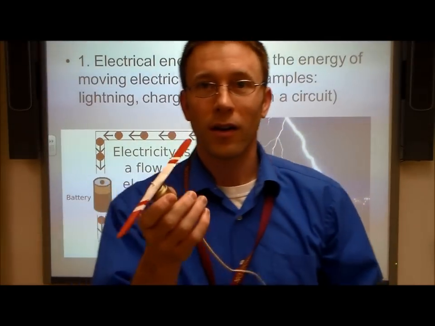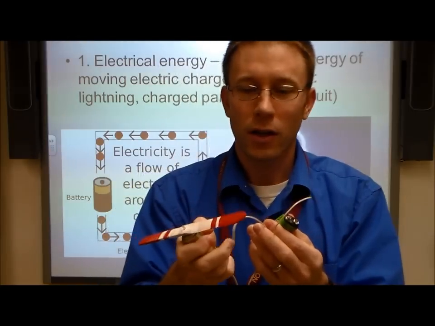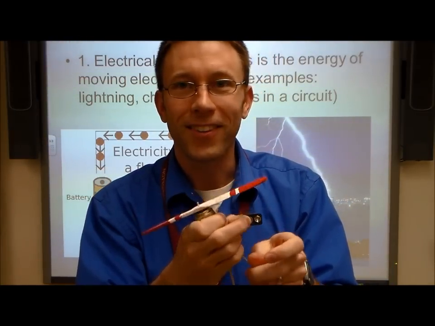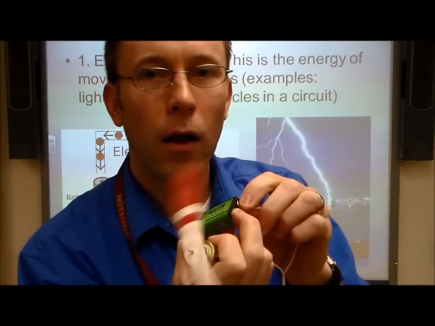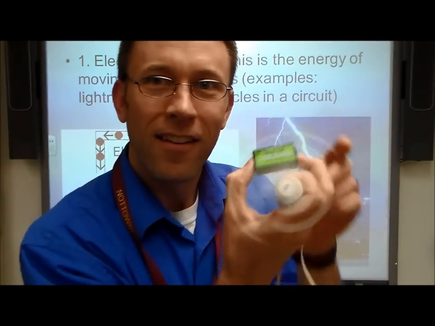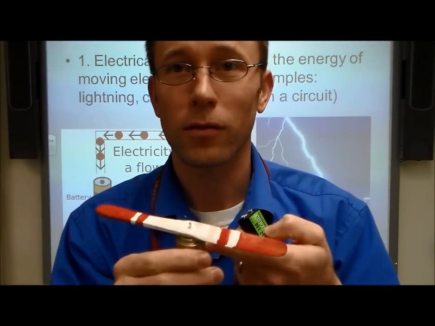Here's another one. I'm going to put electrical energy through this wire and watch what happens when those electrons flow through the motor. This is kind of cool. I like this one. Oh yeah. That, my friends, is what electrons can do when they go flowing through a motor.